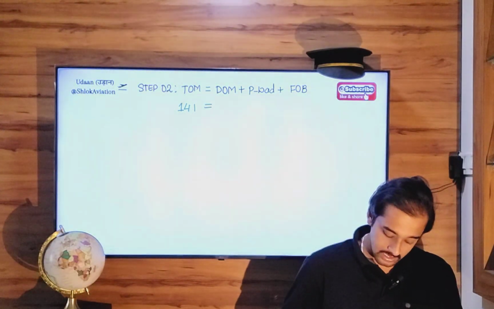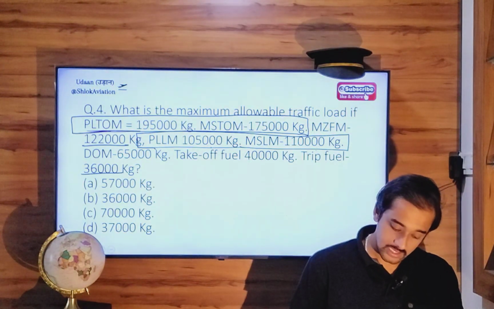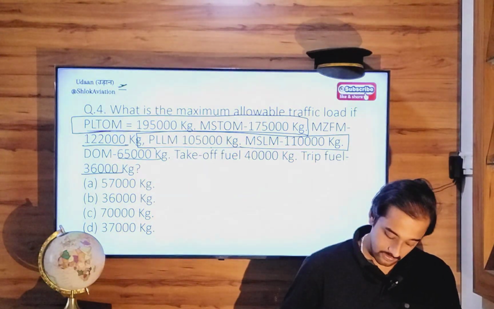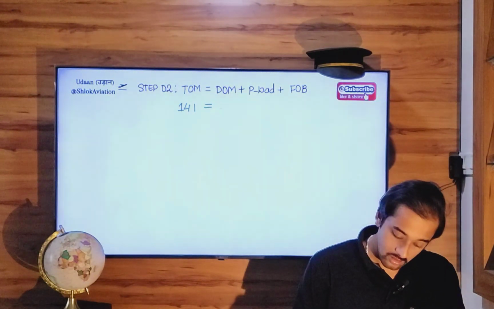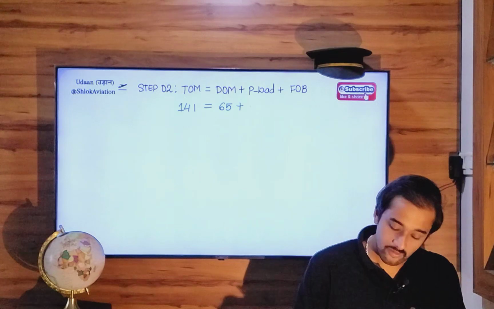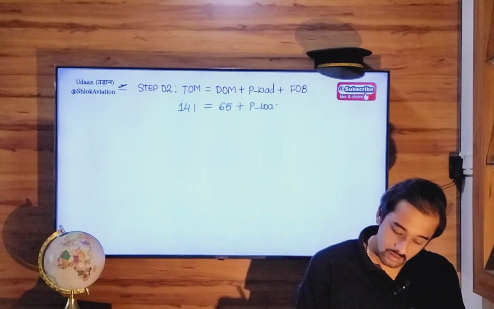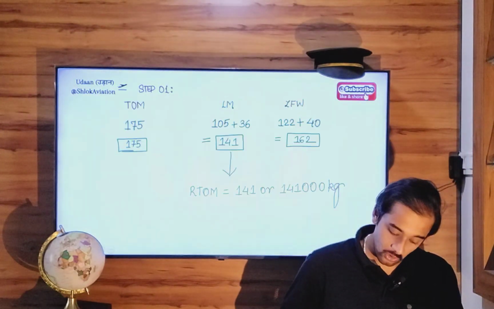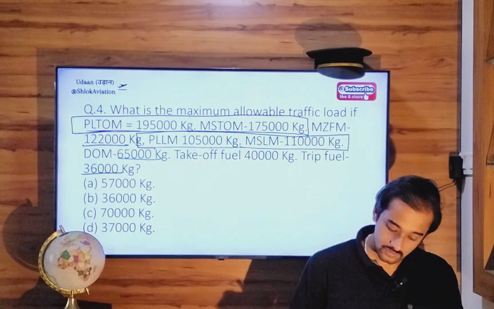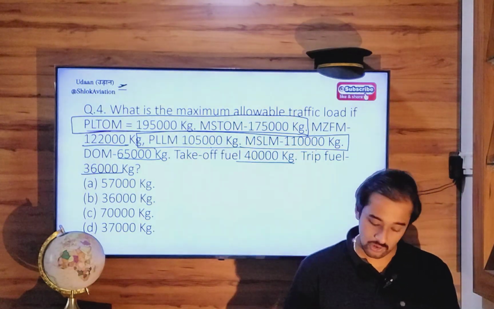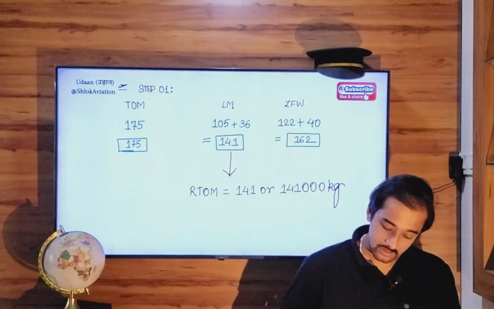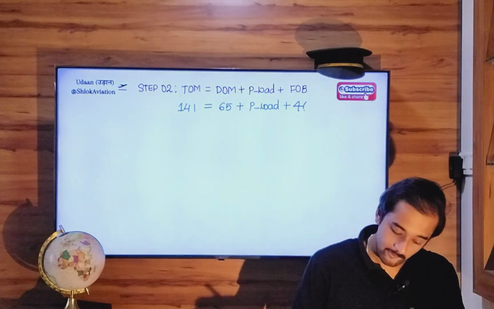Dry operating mass is 65,000 or 65. Payload we have to calculate. Fuel on board, or takeoff fuel, is 40,000. So add 40.